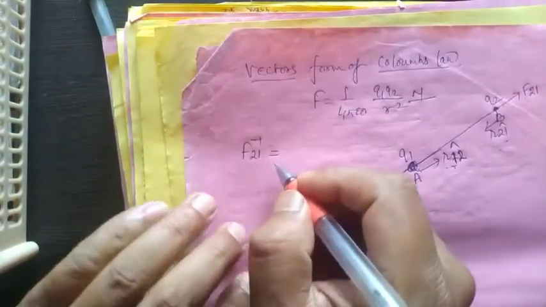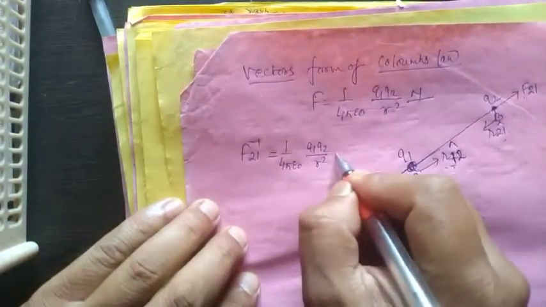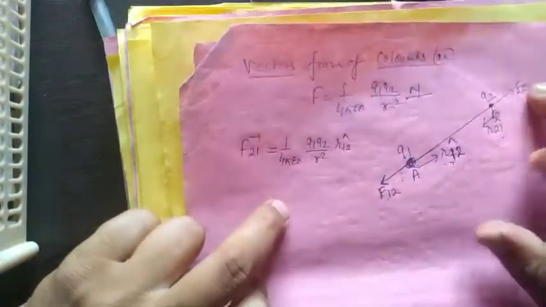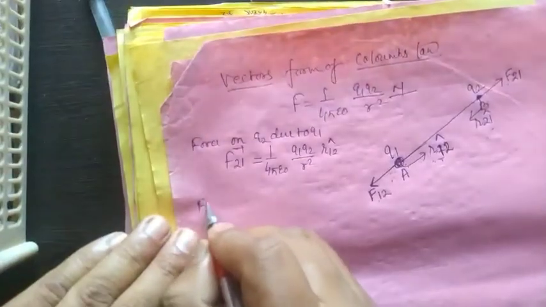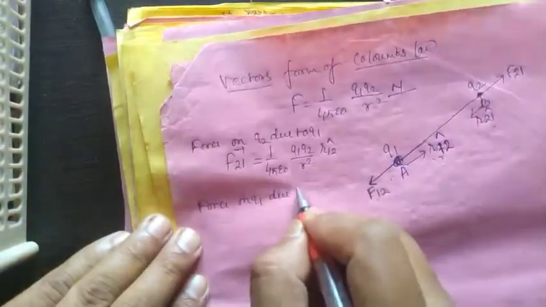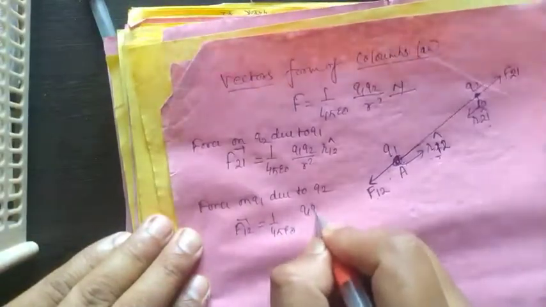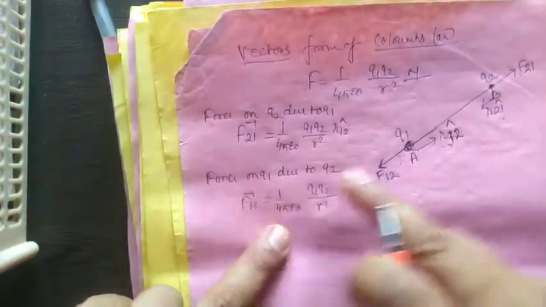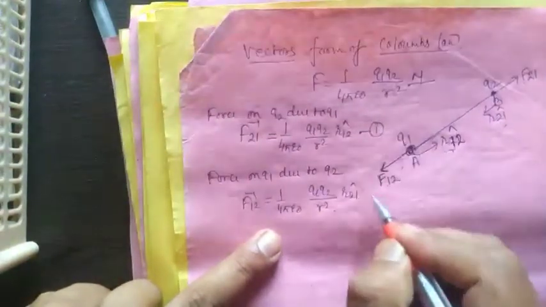And the force on q1 due to q2 is F12. This is equation number 1, and this is equation number 2.